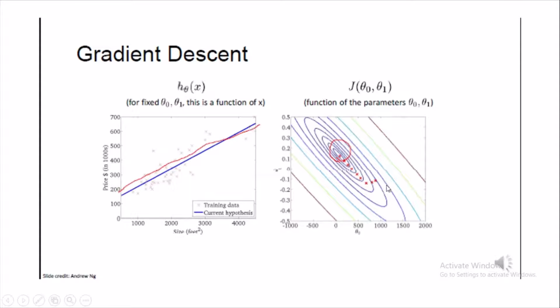The minimum value occurs at the center of the plot. The point of theta is located at the center. It reflects close to the training data, as shown in this hypothesis. By minimizing the cost function, the linear function will be accurate.